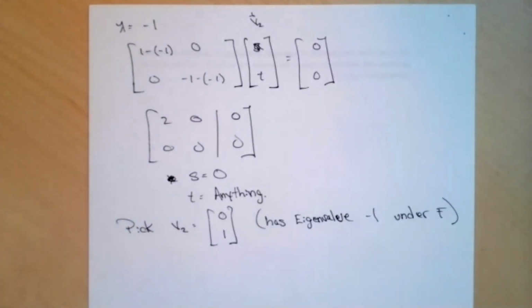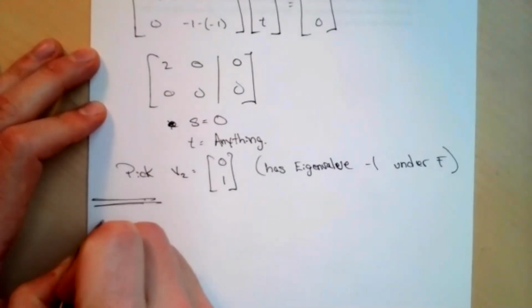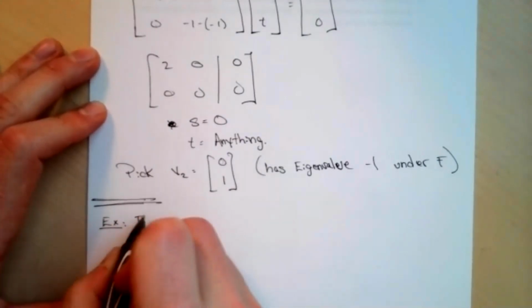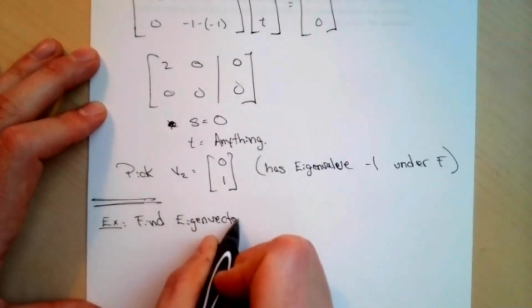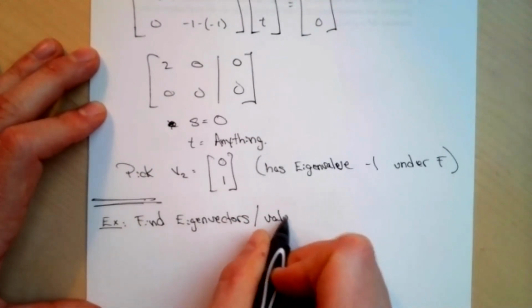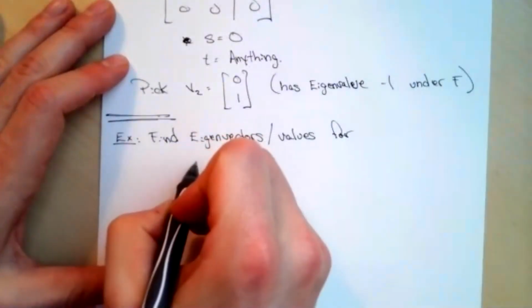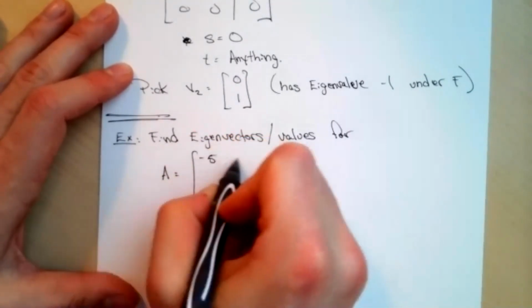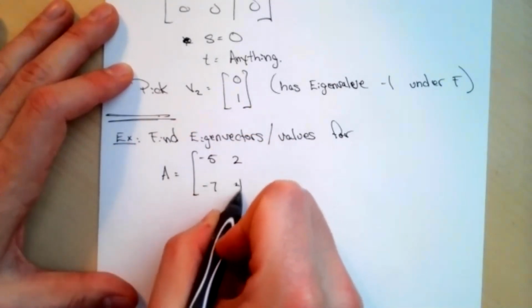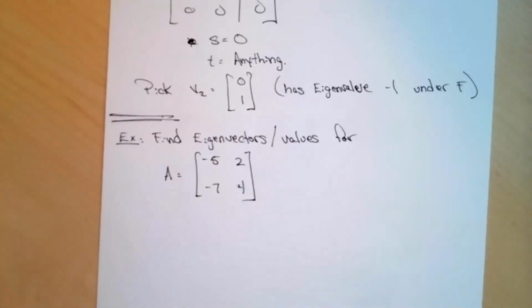Okay, so we've got quite a bit to get through. Let's try to do some more examples with the time we have remaining, something that's a little more non-trivial. So find eigenvectors and values for our transformation given by this matrix, R2 to R2.